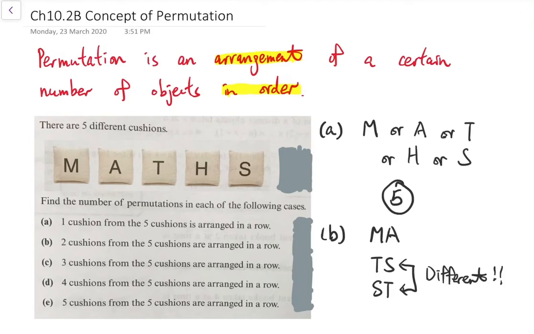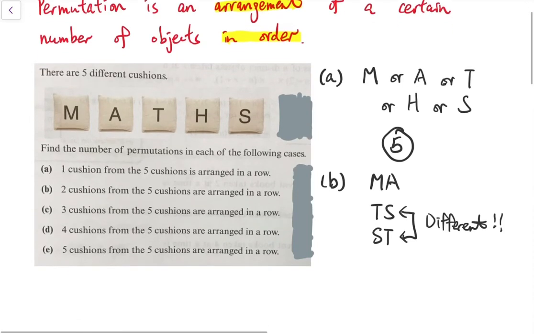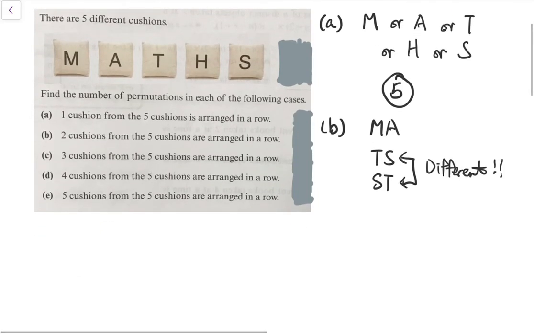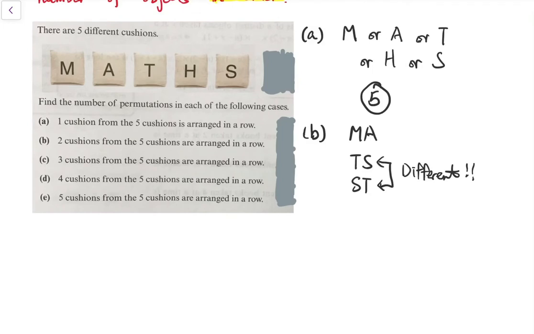So we can now look at the case. In part B, you need to arrange 2 letters, right? So you can imagine you have 2 places, the first one and the second one. For the first one, which letter can be arranged?